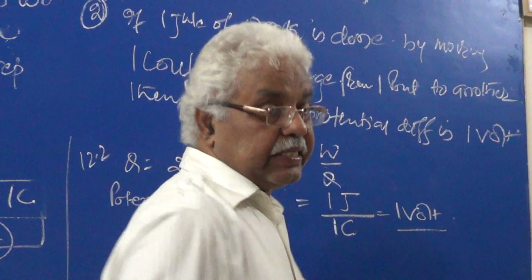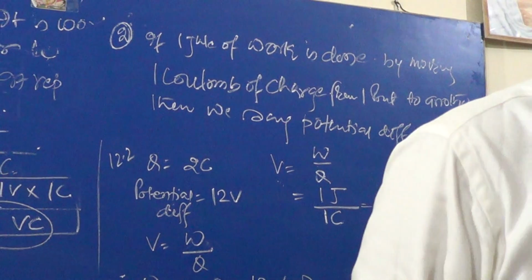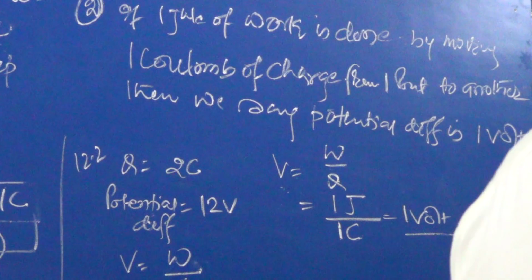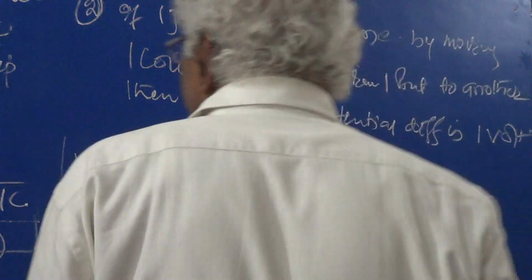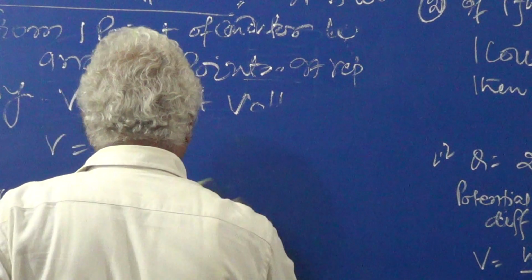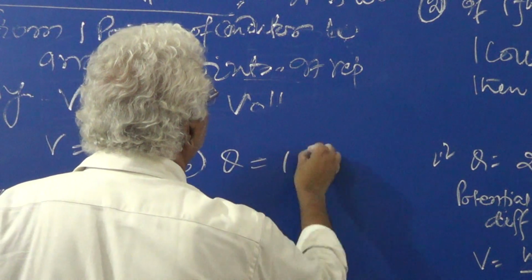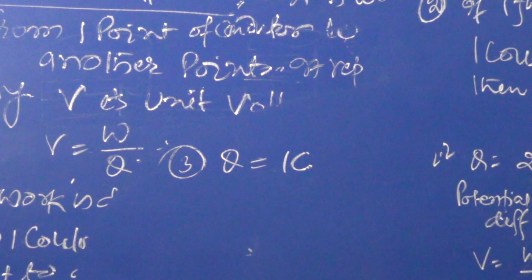Okay? Now, third question, discuss it. Children, try to know how much energy is given to each coulomb of charge passing through a 6 volt battery. NCERT in-text question three. Charge is equal to 1 coulomb. How much energy is given to each coulomb of charge passing through a 6 volt battery?